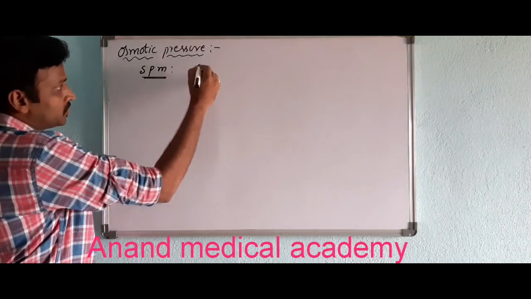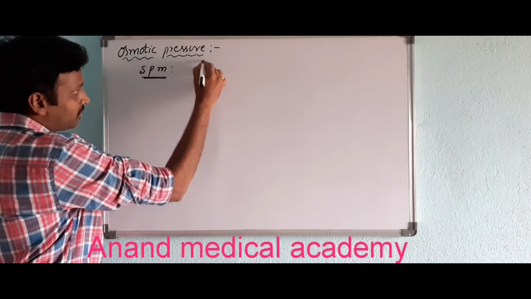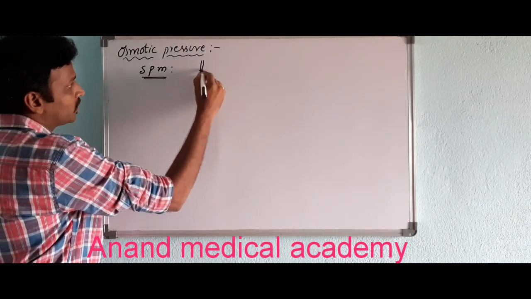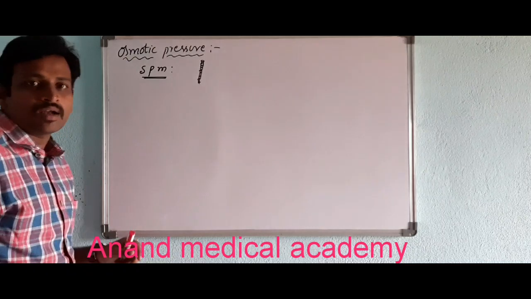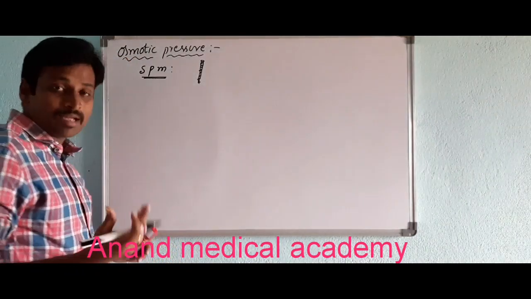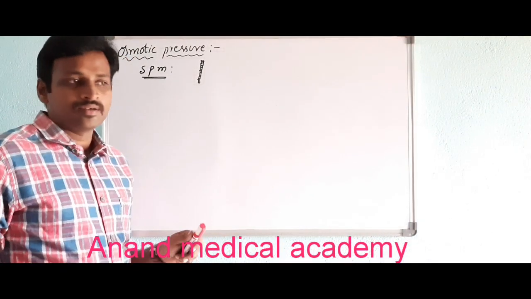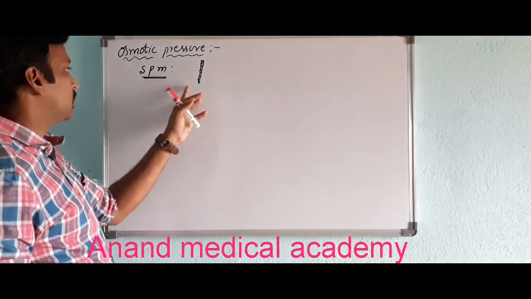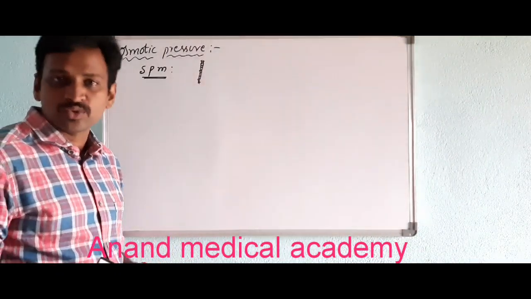Usually we use semi-permeable membranes. Most of you are bio students. You have egg membrane, onion layer, and potato layer. These are semi-permeable membranes we can use.